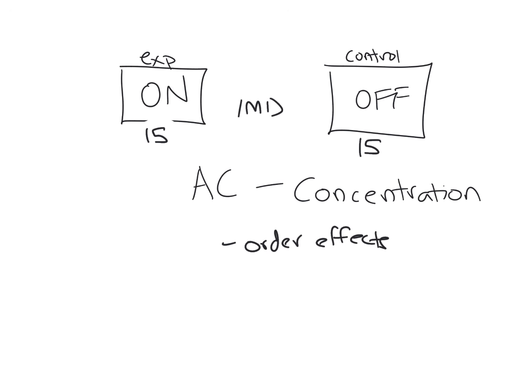Because you're taking the test once in the AC on condition, the other group is taking the test once in the AC off condition, so order effects are being eliminated. So remember the slide about order effects, ways to overcome them: randomization, counterbalancing, and then the third point was using an IMD. This is why independent measures design can overcome order effects, because you're only taking part in the task once.